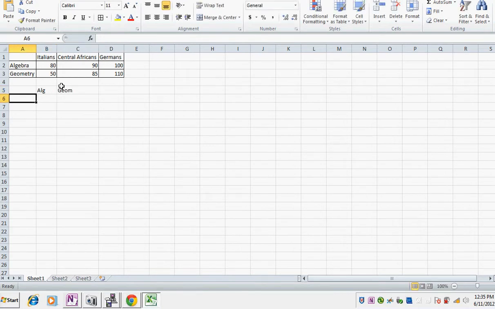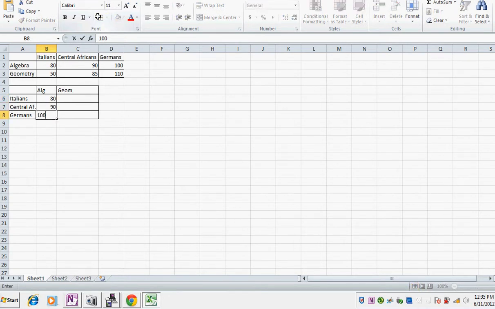You have Italians, Central Africans here, and then Germans there. And you could have pivoted it and made it look like this, so that you have 80, 90, 100, 50, 85, 110. And so at least this you can scan now.